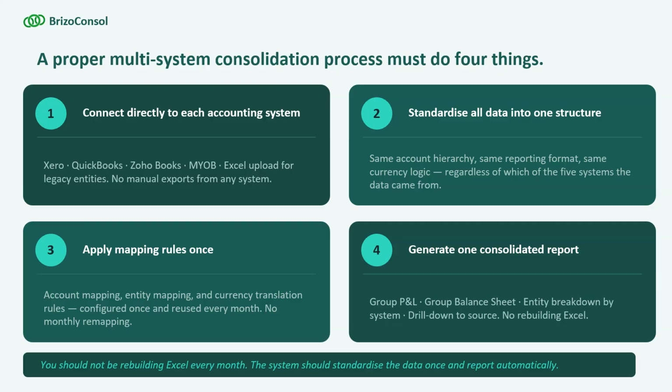Apply mapping rules once. Account mapping, entity mapping, currency translation rules, and reuse them every month. 4. Generate one consolidated report. You should immediately see group profit and loss, group balance sheet, entity breakdown view, drill down to source system. No re-exporting, no rebuilding Excel.